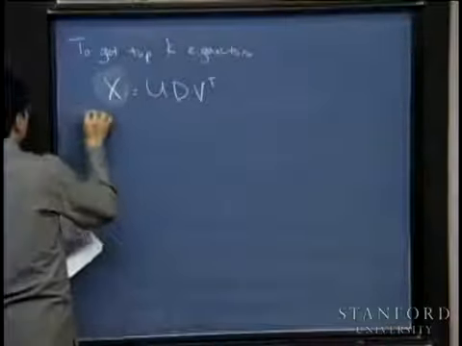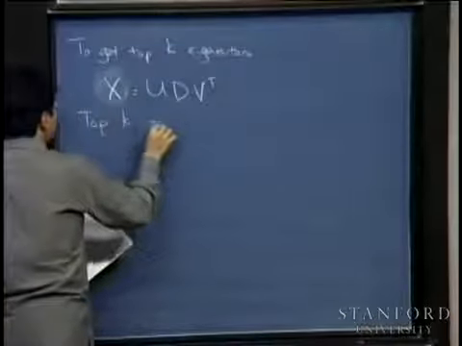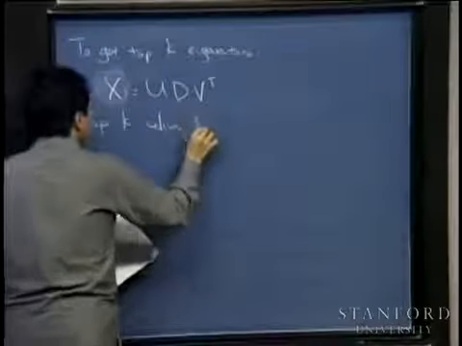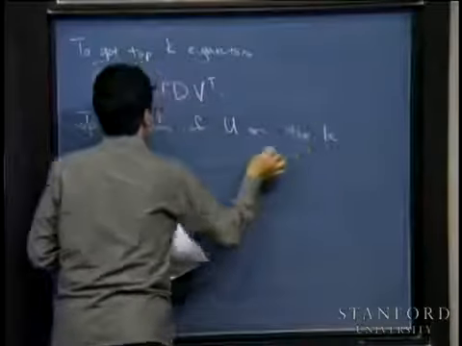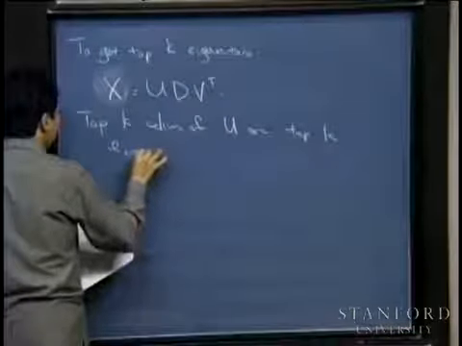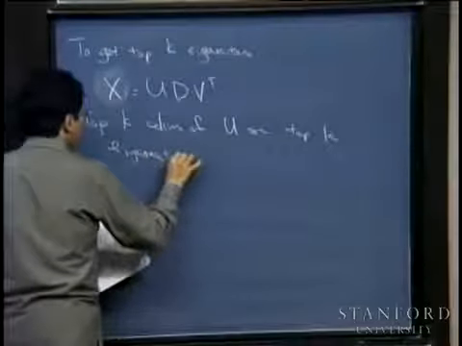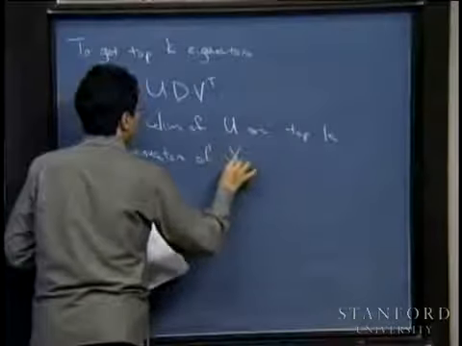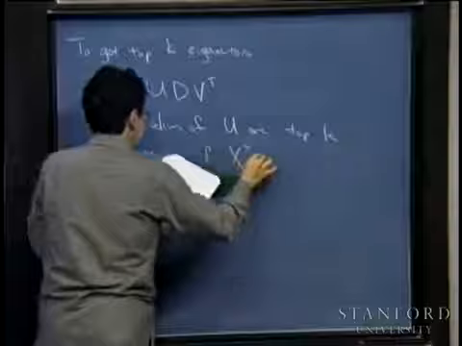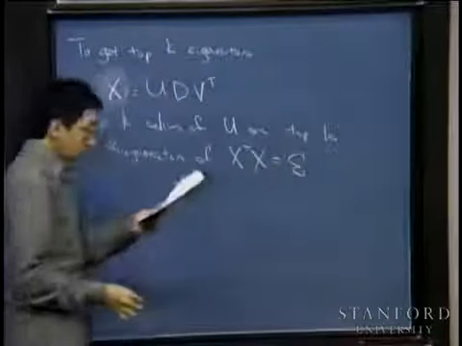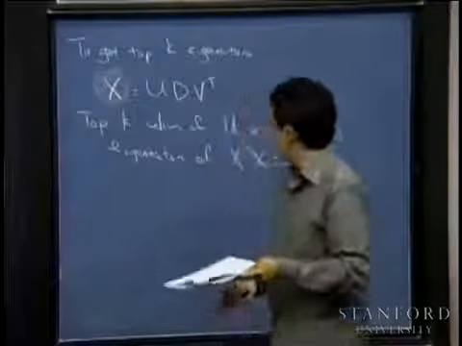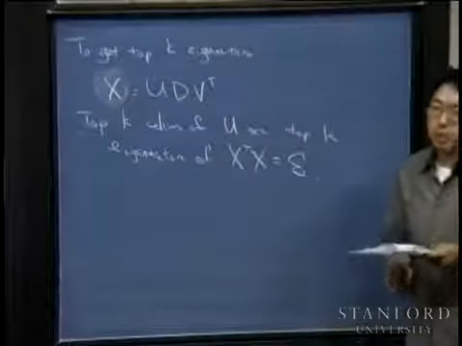And then the top k columns of U are the top k eigenvectors of X transpose X, which is therefore the top k eigenvectors of your covariance matrix sigma.